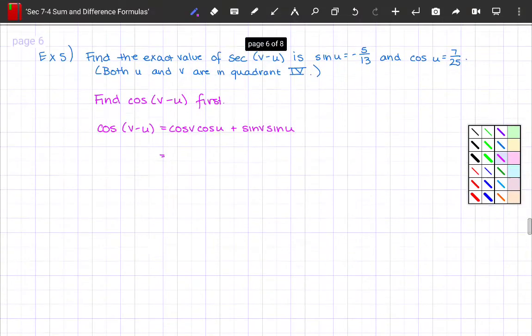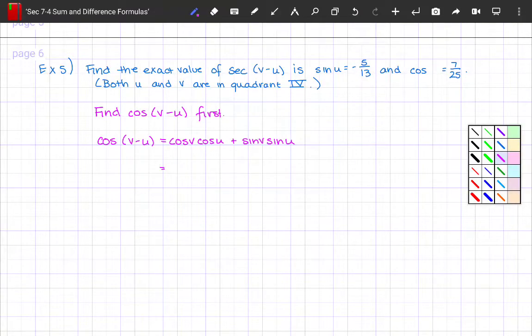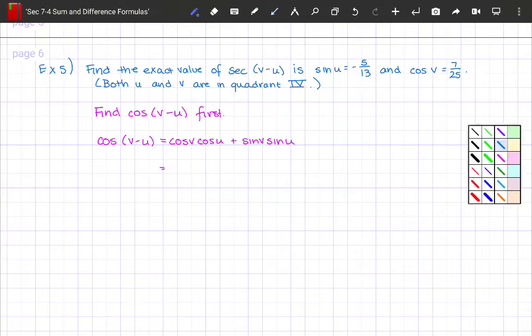So if we go ahead and start plugging in, cosine of v is, oh man, hang on a second. I wrote this down wrong too. That should be cosine of v. So definitely change that one. Sorry about that. But now that we have that, hey, that's fortunate. Now we have cosine of v. Cosine of v was given as 7 over 25.